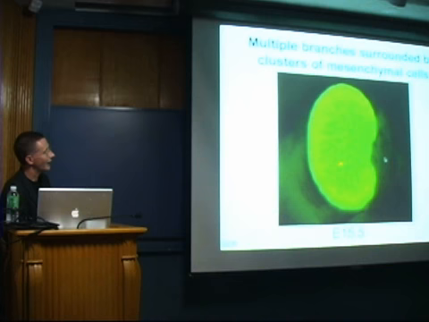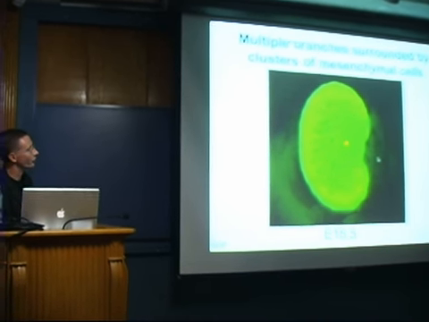So if we look just 4 days later, so at this time, all we have is a single branch. 4 days later, that epithelium has now branched many times. And each of those epithelial branches has a green cluster of cells that surround it, from which the renal vesicles are going to form.